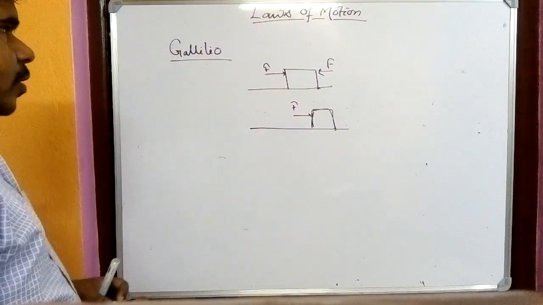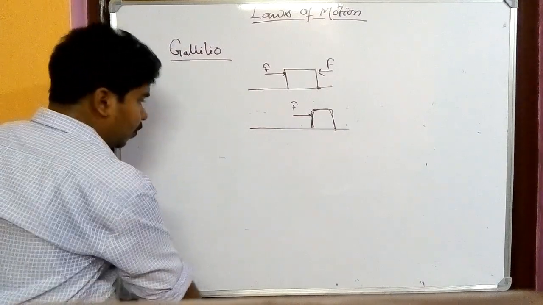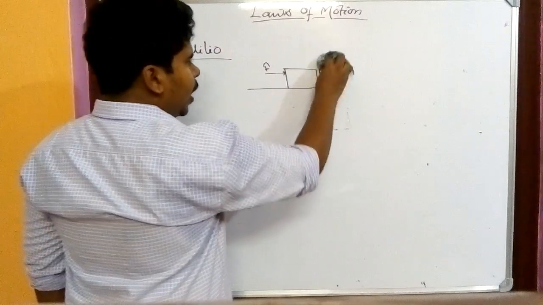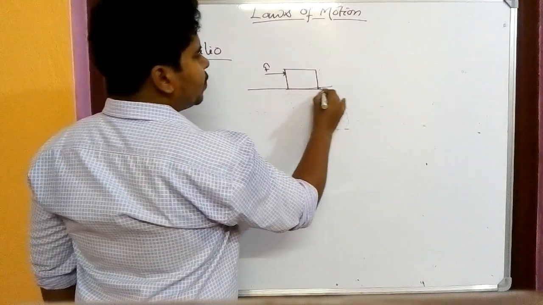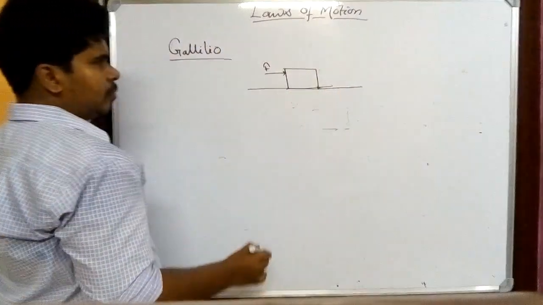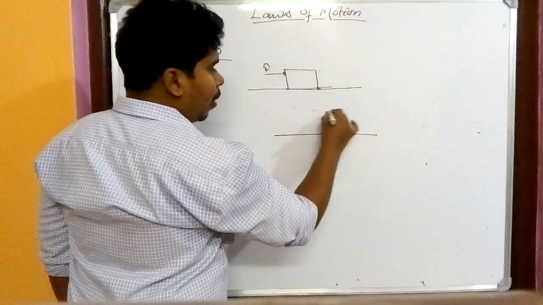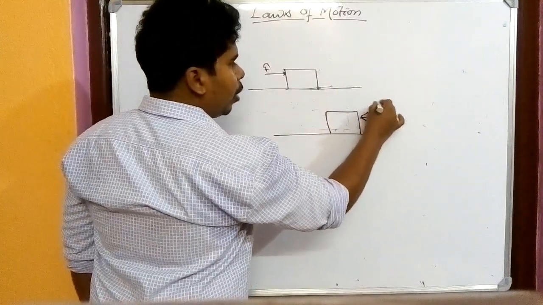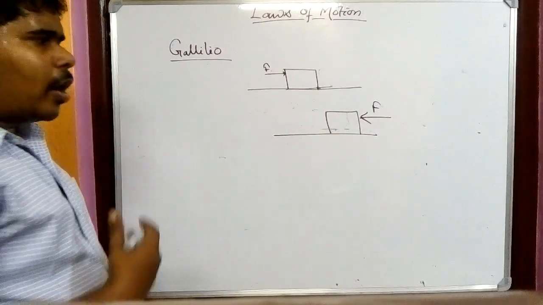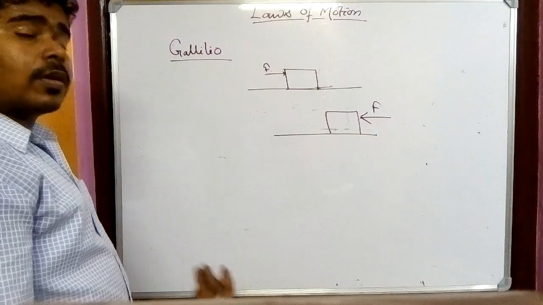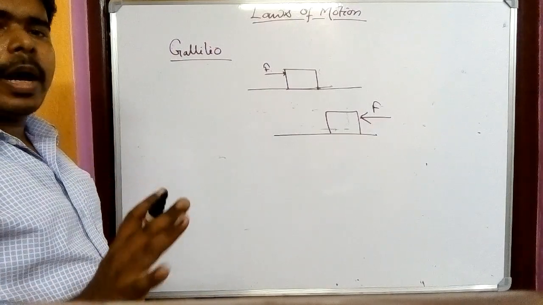But scientist Galileo gave a very interesting idea. He told us, if I want to make a body come into motion, then I have to apply force. If I want to stop a body, then also I have to apply force. But if a body moves with a constant velocity, no force needs to be applied.